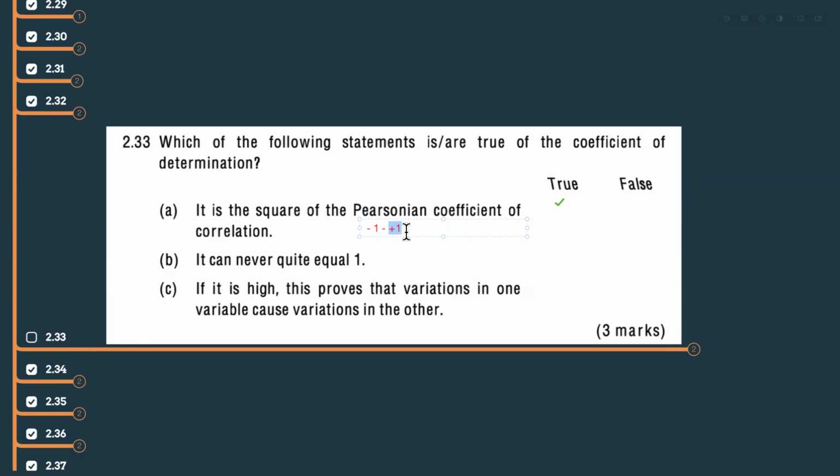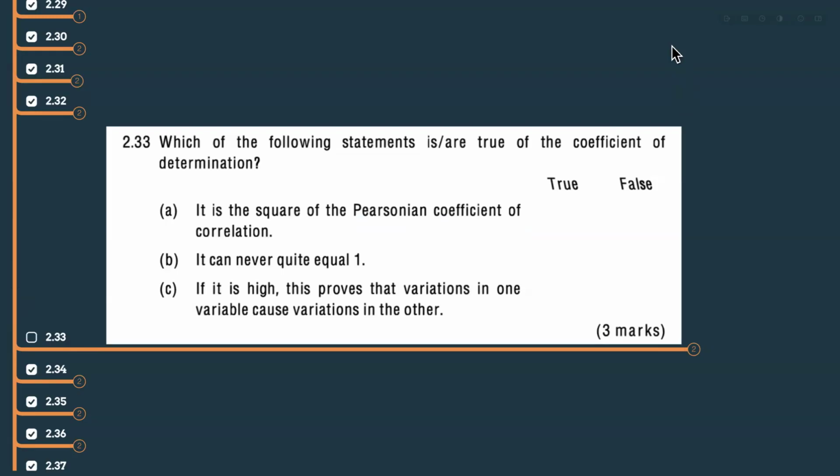So it can reach +1. So saying it can never quite equal 1 is a wrong statement, because we can have +1 in the coefficient of correlation, so in R squared also we can have +1. That's a false statement actually.